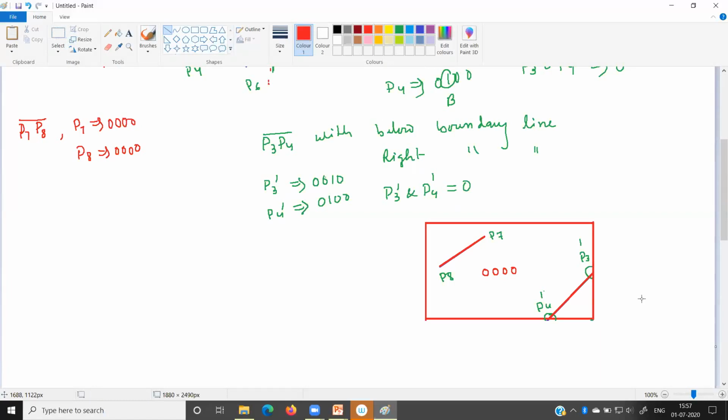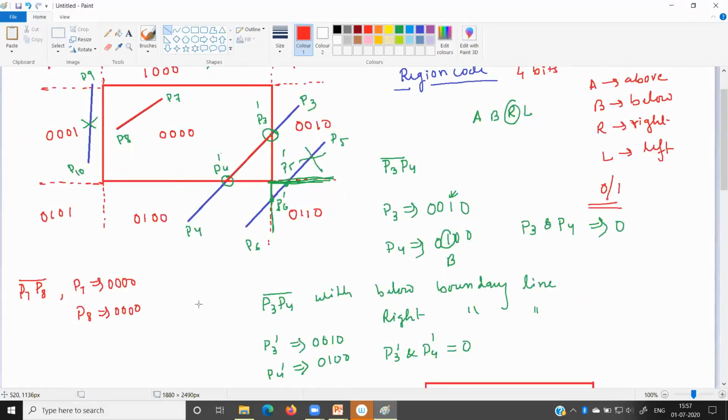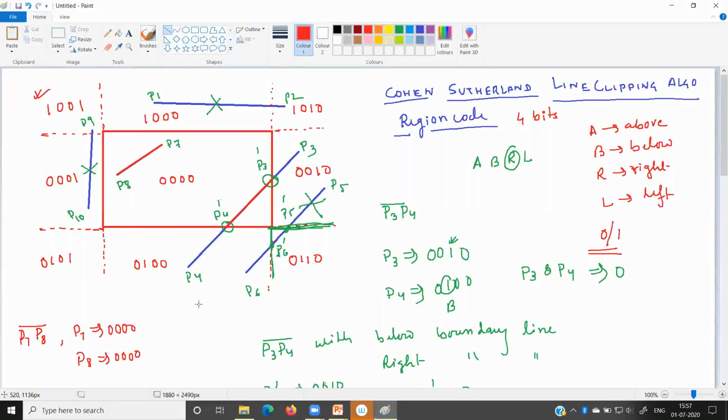In this way, the Cohen-Sutherland line clipping algorithm can find out which line segment is inside the clipping window and which is outside. It is very simple, it just checks the region code. If the AND operation of both region codes is not equal to 0, that means it is totally outside, and if it is equal to 0, there is a possibility to be inside. Then we observe both points. If the region codes are not 0000 for both endpoints, that means there is an intersection.